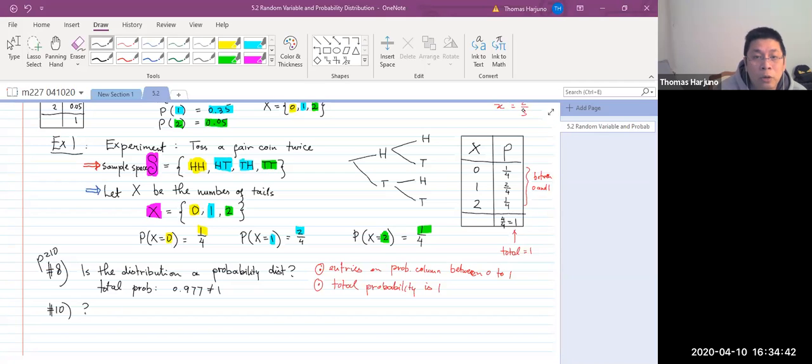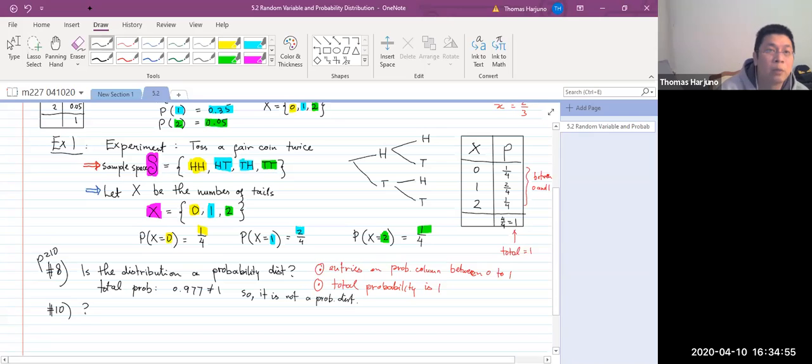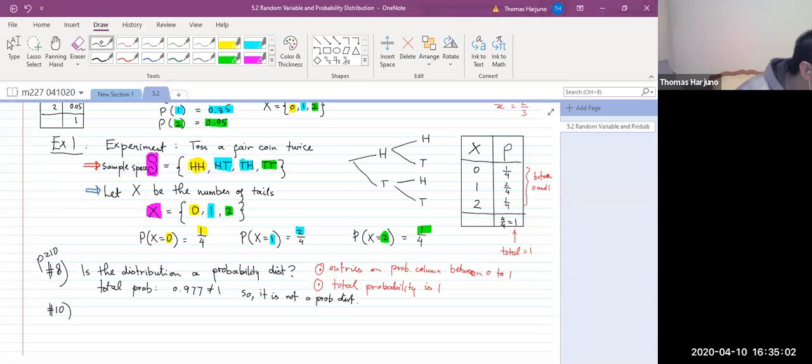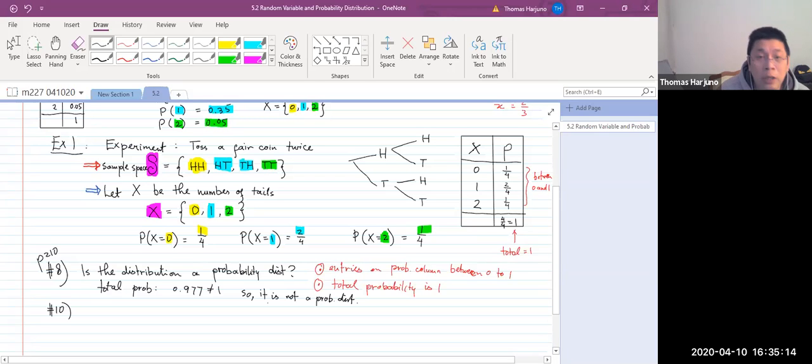Okay, so it is not a probability distribution. For number 10, however, when you check, each entry is between 0 and 1, and the total probability is equal to 1.